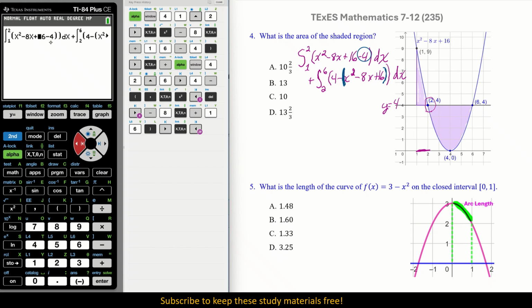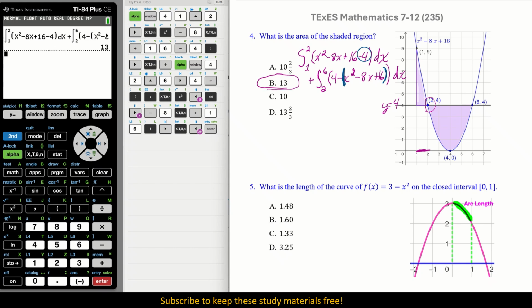Okay. And remember, the reason that we can just say minus 4 is because we're just subtracting a single number. We're not subtracting an entire equation. Okay. Now push enter. And 13 is actually the answer. So that looked pretty complex. But the point is, you don't need to write it all out.